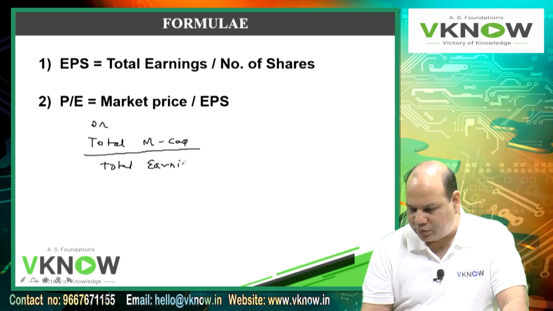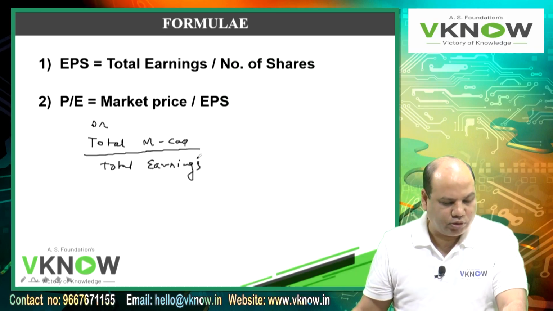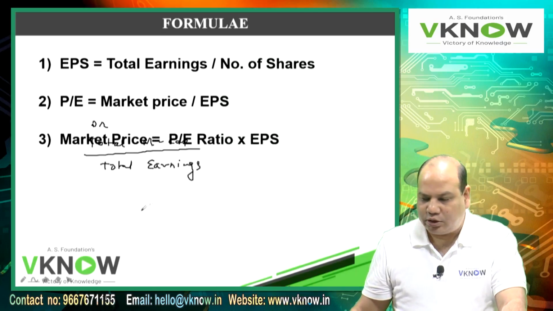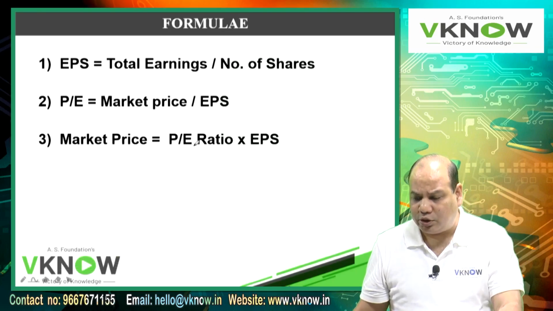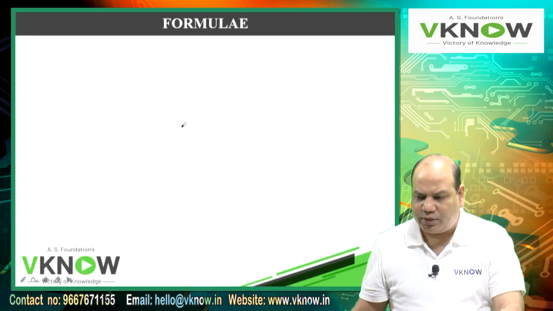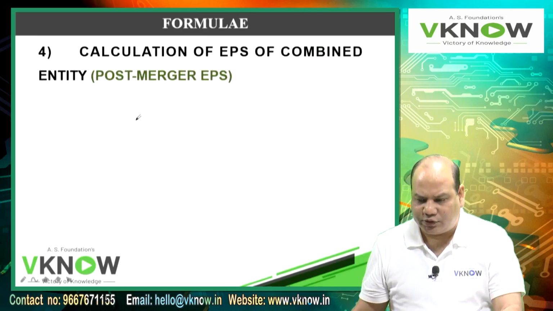If this information is given, then you can find out P/E ratio in this manner. And then the third formula is market price. Market price per share is equal to P/E ratio into EPS. So we are just playing with the same formula depending upon how the question is asked.